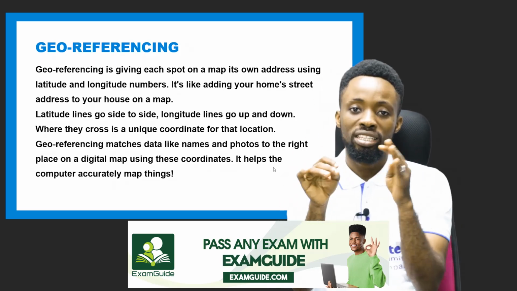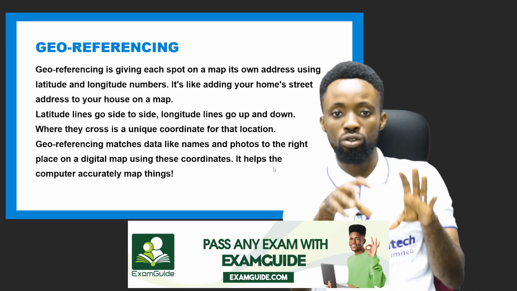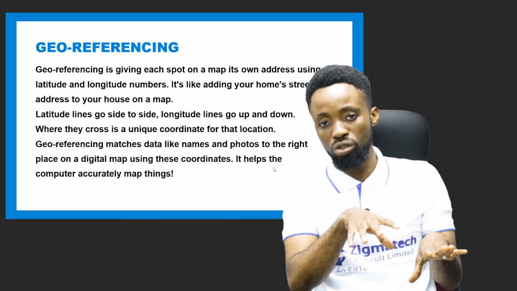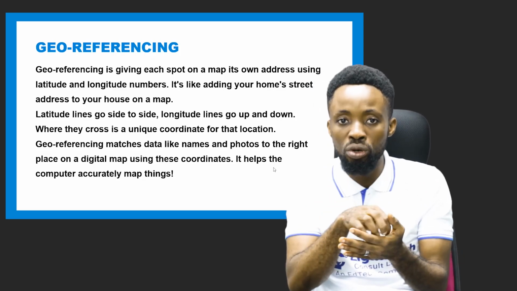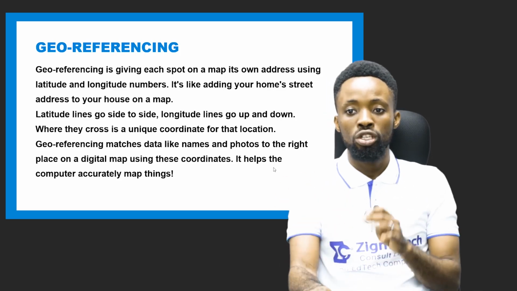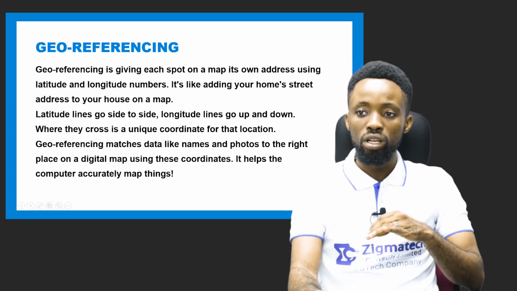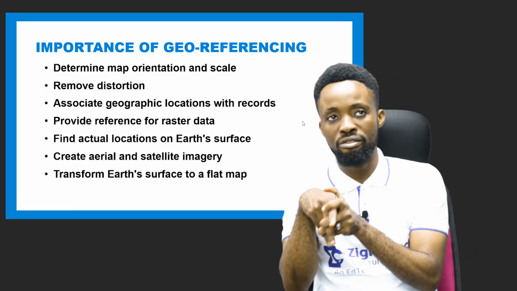That's because your house has been referenced to the Earth's surface. So all of those processes involved in making that coordinate appear for your house is what we call georeferencing. So what is the importance of georeferencing?